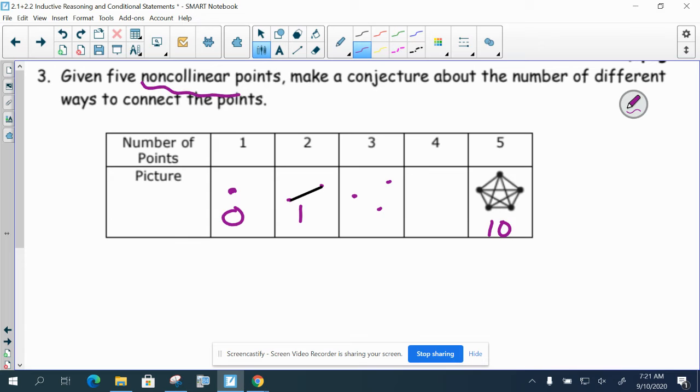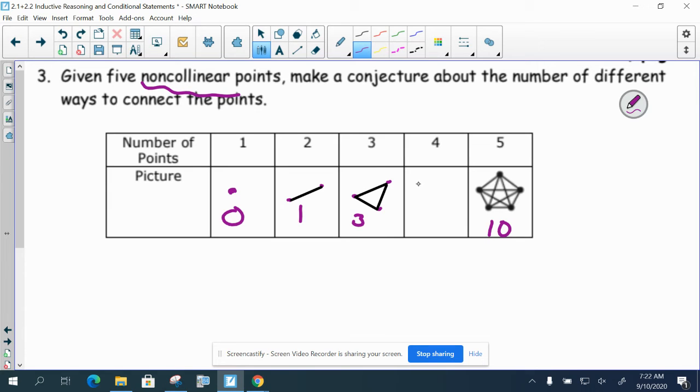Non-collinear points, that is. So if there are 3 points, let's see. We have 1, 2, 3, and you can't really go diagonal like you can here. So the diagonals are the same thing as like the outline here. So this is just 3.